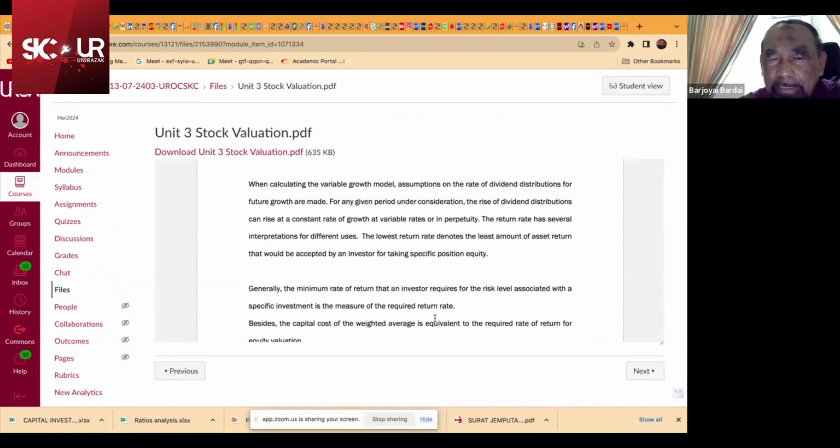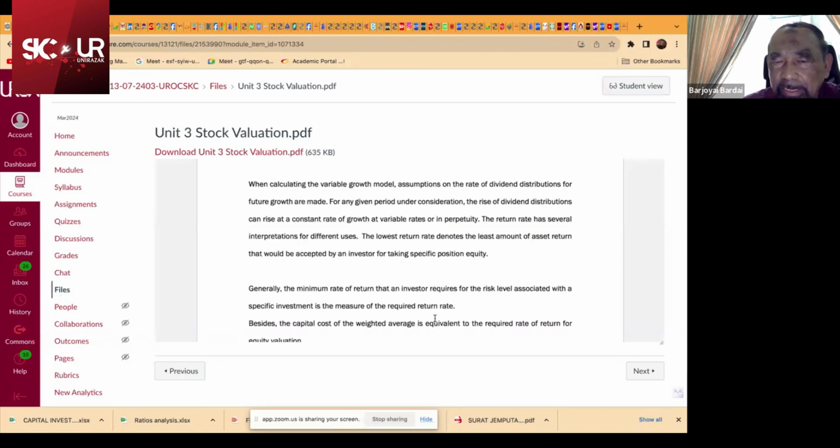When calculating the variable growth model, assumptions on the rate of dividend distribution for future growth are made for any given period under consideration. The dividend distribution can rise at a constant rate, at a variable rate, or in perpetuity.